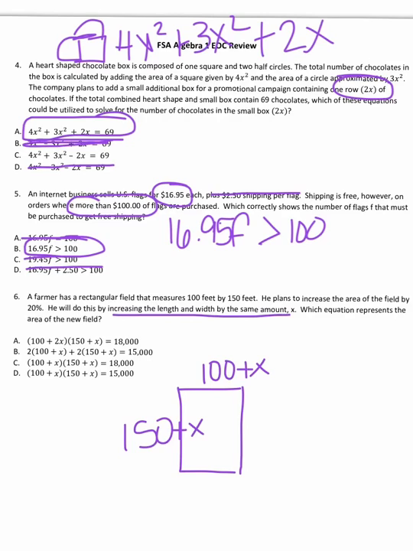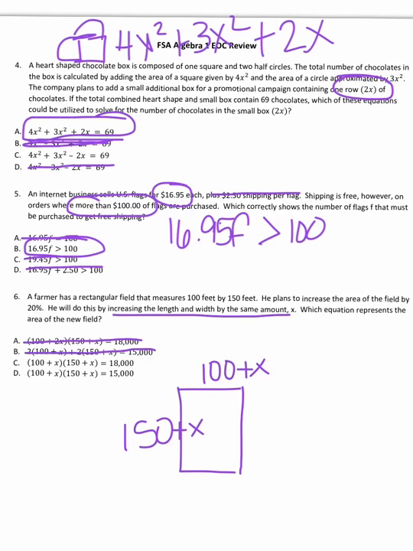So I notice A is wrong right away because it's adding 2x to the 100. And then I look at the fact that the rest, this one is multiplying by 2, which doesn't seem right. And then I look at the last two. So the left is correct, and then I have to figure out what the right has to be. And they are increasing by 20%.